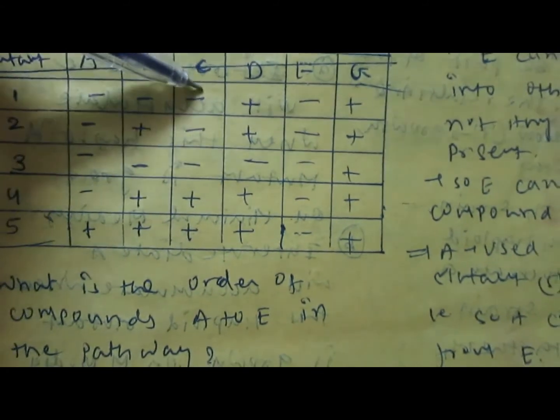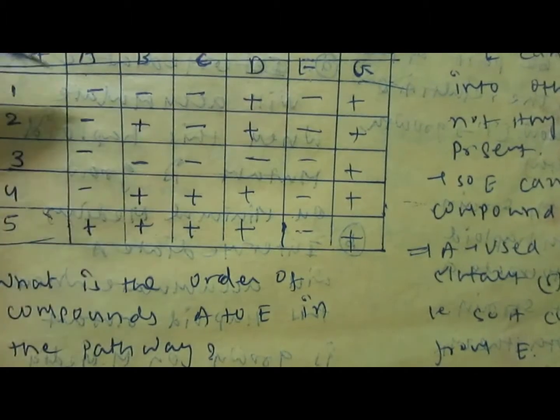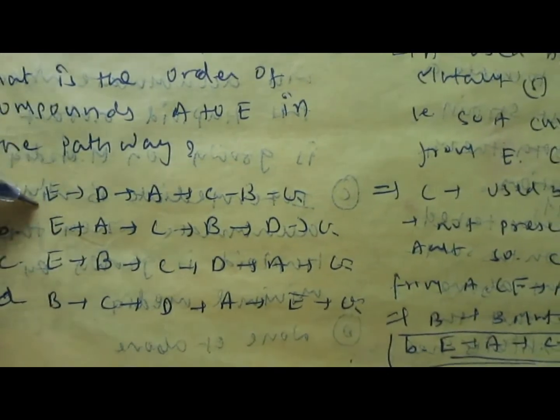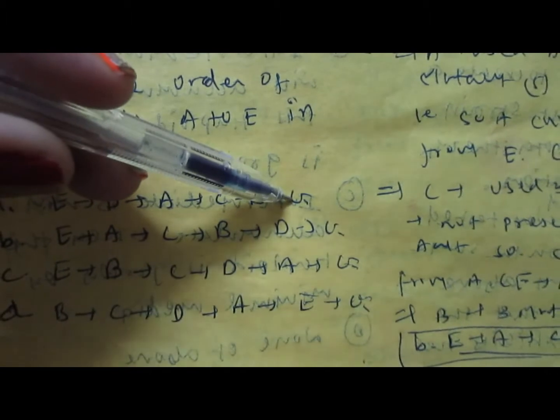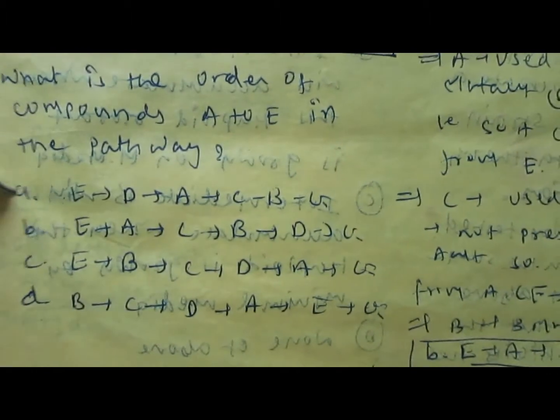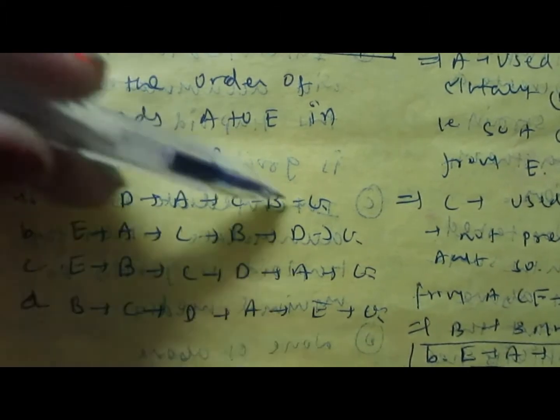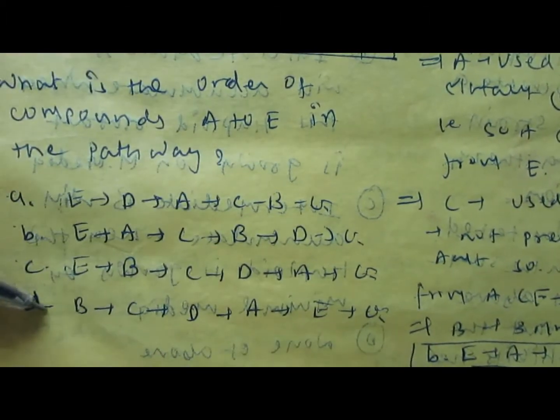That means compound A is present in very little amount, so the rest of compound A is converted into either B, C or D. So A should be the second compound converted from E. If we focus on the options where E is the first compound and G is the last compound, there are three such options, so option D is directly ruled out. Now just focus on compounds B, C and D.